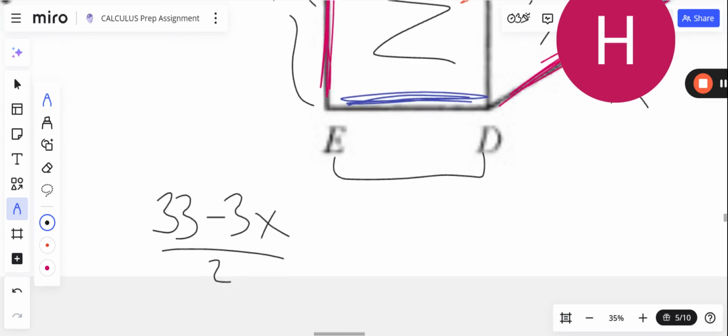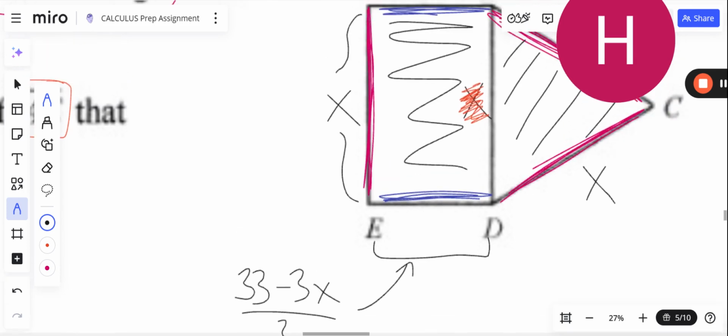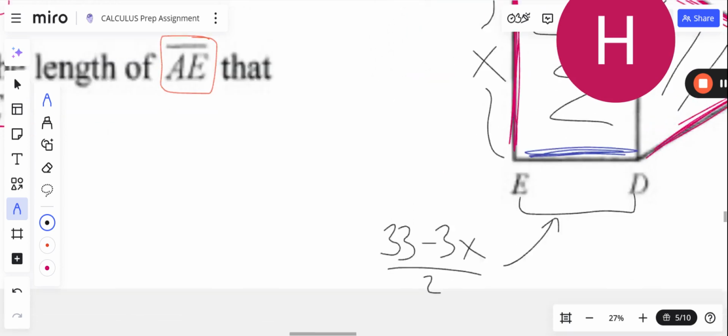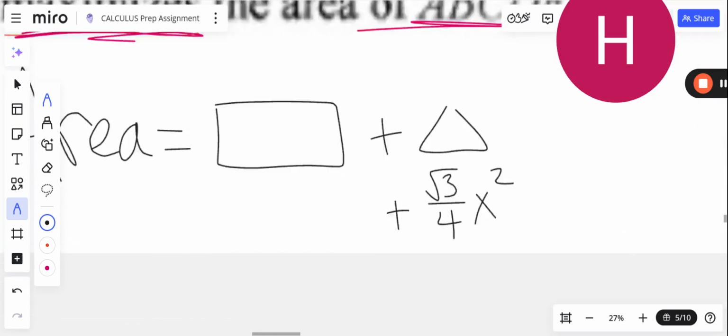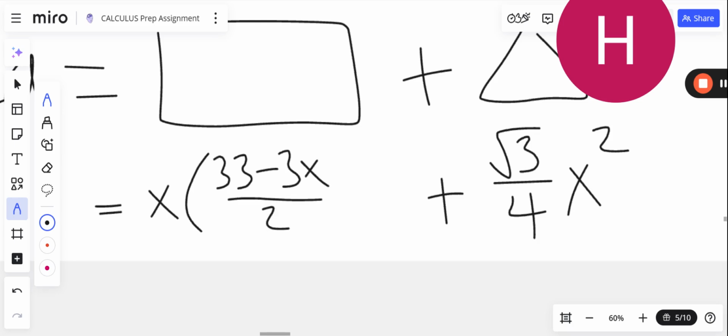Now, this might not look very pleasant, but it's okay. We can work with it. And if we want the area, it's simply going to be length times width, or base times height for the rectangle. So we can write this as x times 33 minus 3x over 2.